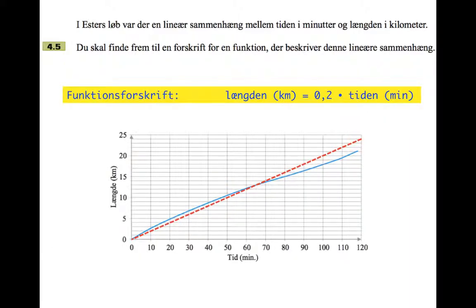So in fact, if we were to do the graph of it, there it is, I've just stolen it from a later part of the question. The blue line is Marcus's progress, and the red dotted line that I've done is Esther's progress. She does each kilometer in 5 minutes, so in 100 minutes she'll do 20 kilometers.